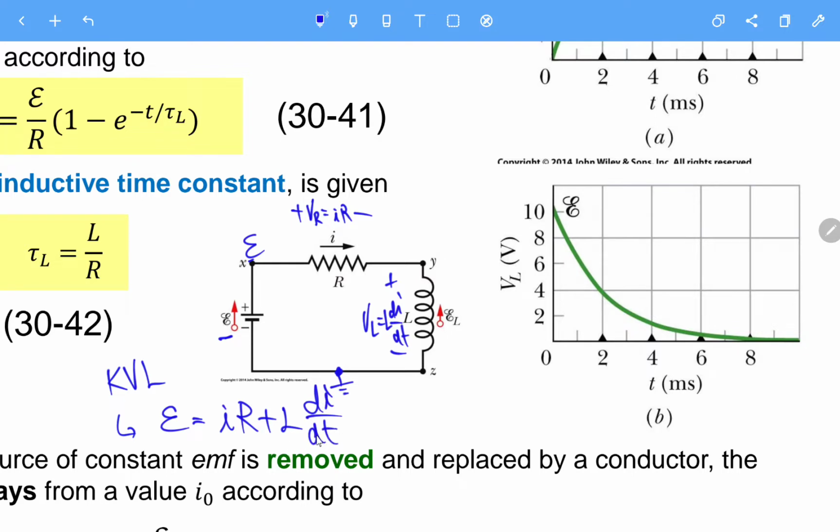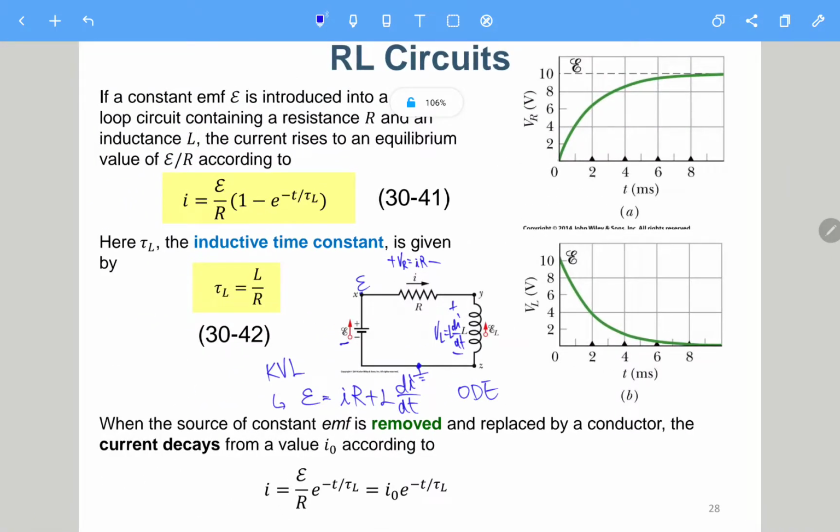Okay, so this is an equation, but with a differential here. Of course, we would like to solve this so-called constant coefficient ODE. I will try to systematically talk about how to solve first or second order constant coefficient ODEs later, after this chapter.